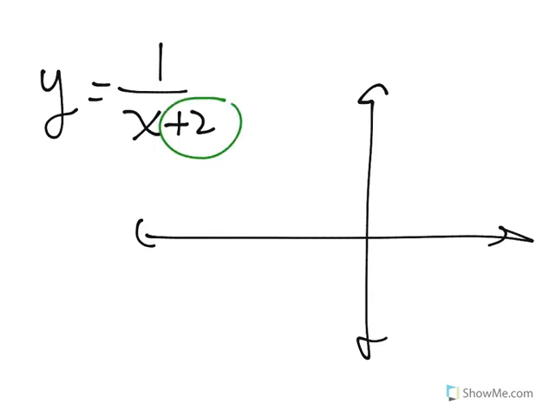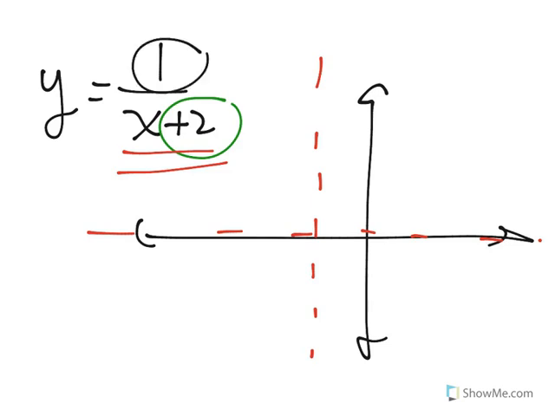If there's an h here, it changes the vertical asymptote, because now this thing's undefined at -2, so we get this vertical asymptote. The horizontal asymptote is still at 0 if there's a constant in the numerator.